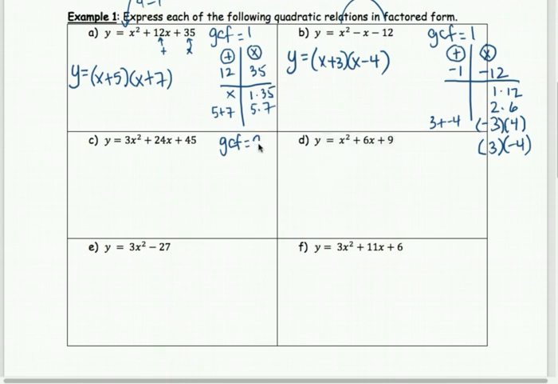And they don't all have an x, so only a 3 will come out. So then let's divide the 3 out, and then write this as y equals, greatest common factor there. Now let's divide everything out: x squared, 8x, and then 15.